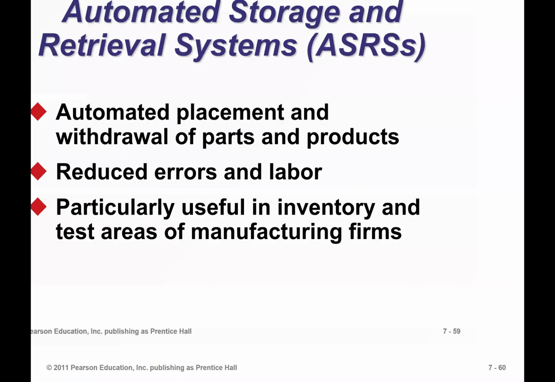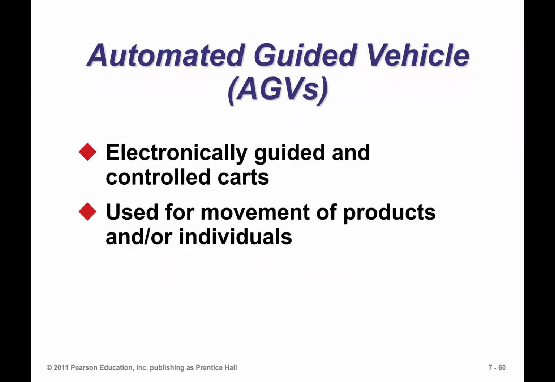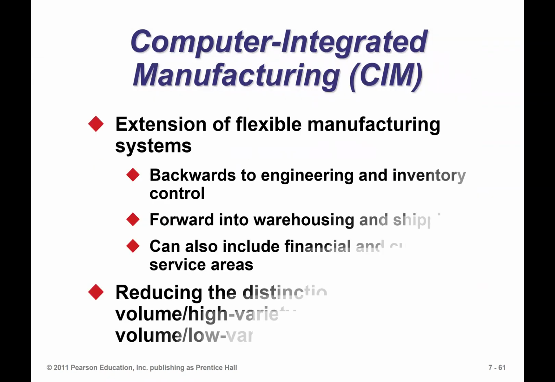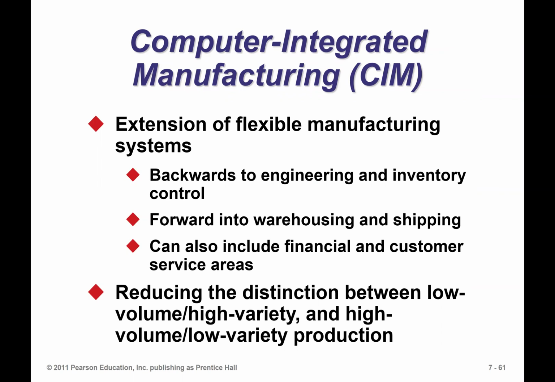These are automated guided vehicles now: electronically guided and controlled carts, used for movement of products or individuals. And CIM, computer integrated manufacturing, is an extension of flexible manufacturing systems, reaching backwards to engineering and inventory control, and forward to warehousing and shipping, right? That's the computer aided manufacturing.